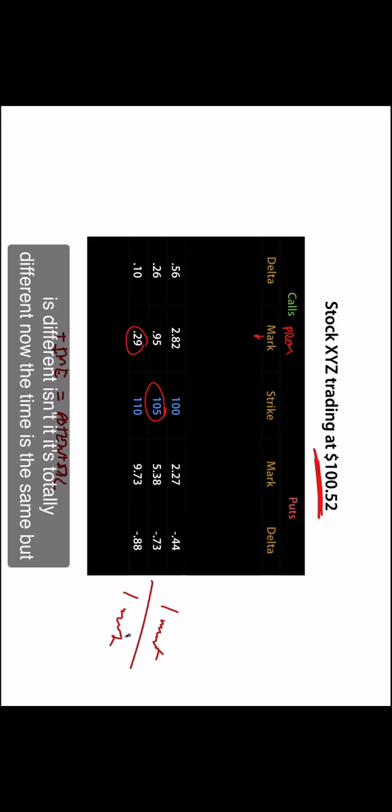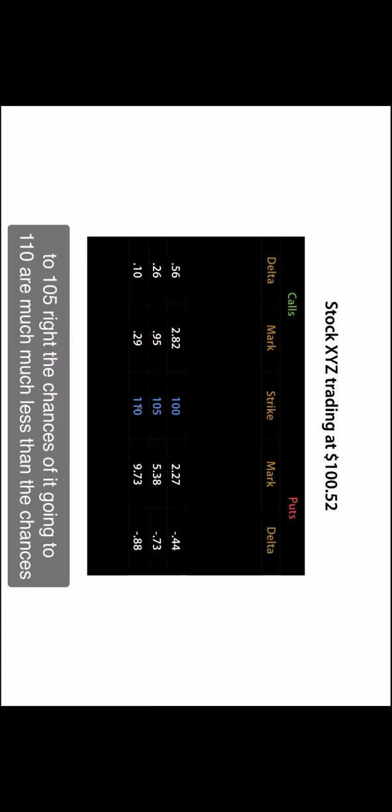You're buying potential. So the potential for it to go to 105 in 1 month, let's just say, and the potential to go to 110 in 1 month is different, isn't it? It's totally different. The time is the same, but the chances of it going to 110 are much, much less than the chances of it going to 105.